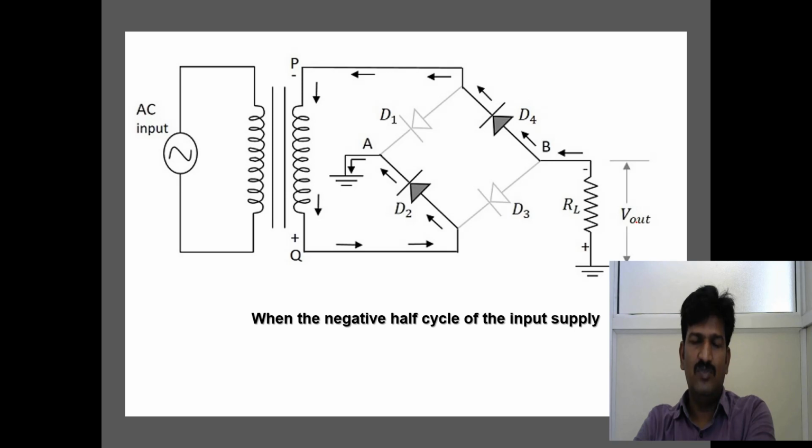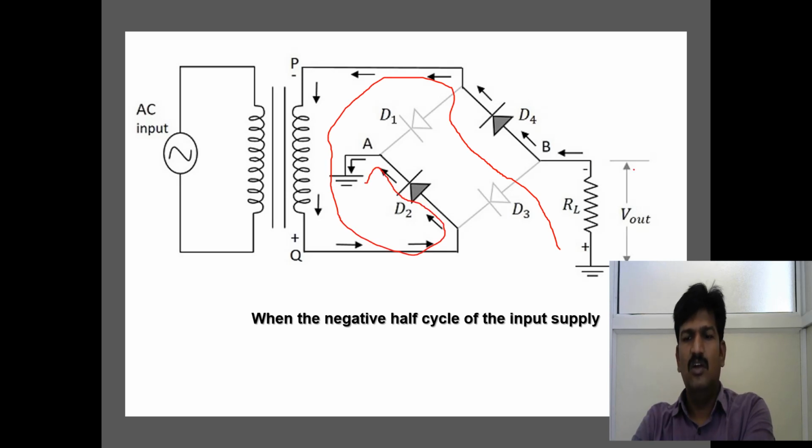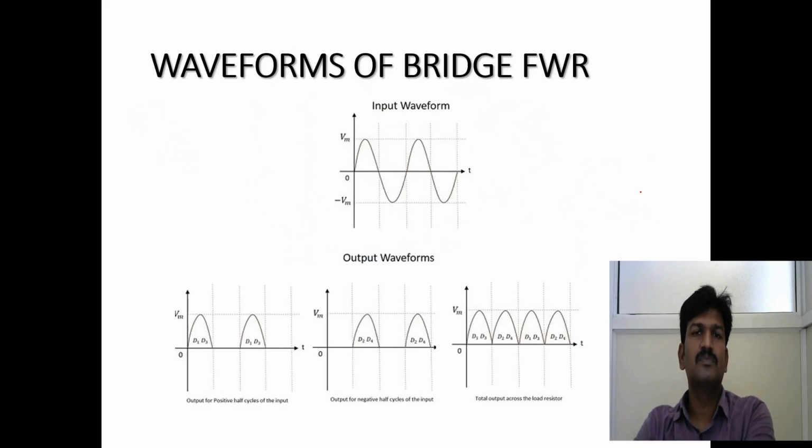In the negative half cycle of the input, the loop is formed like this: the current passes through D4, then the secondary, then D2, and finally reaches the ground. This is the flow of current forming the loop. Then it provides the voltage across the RL for the negative half cycle also.